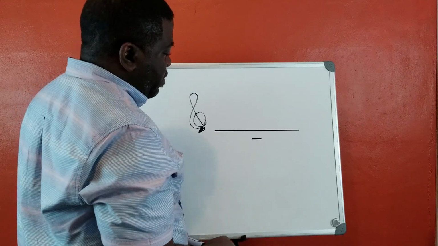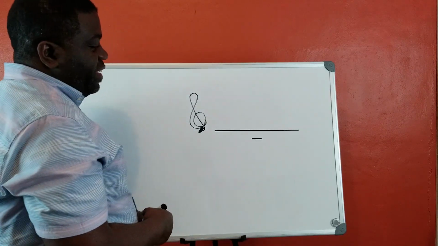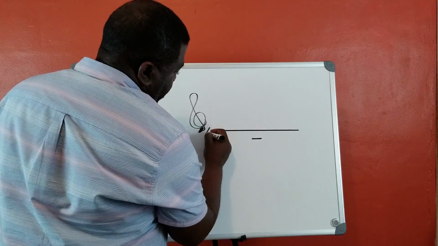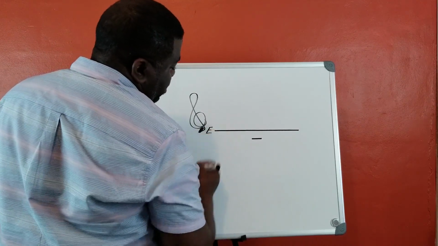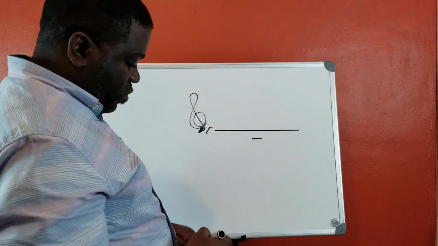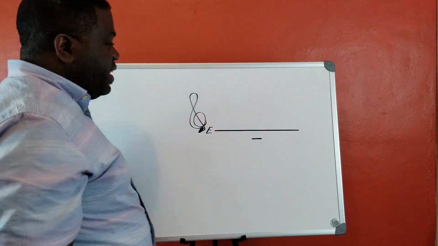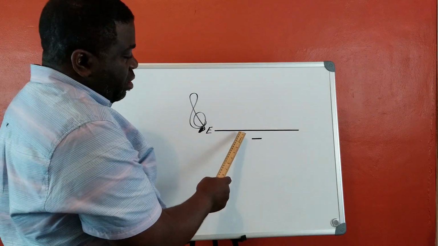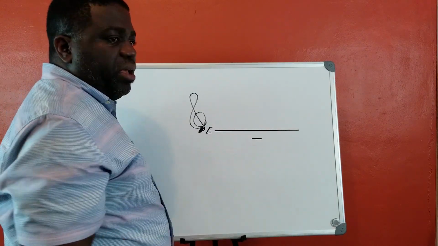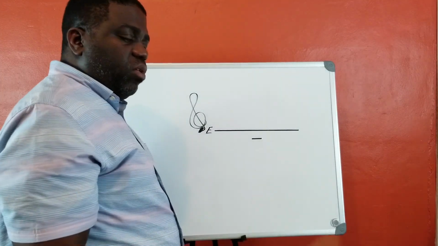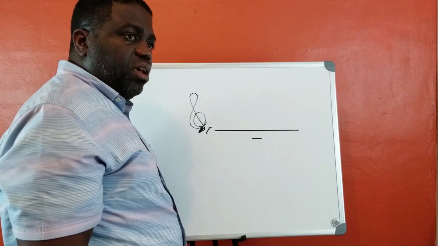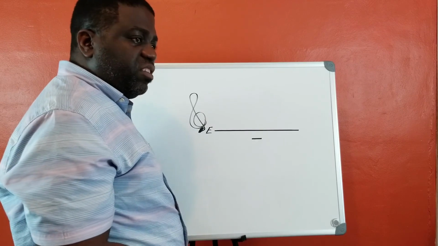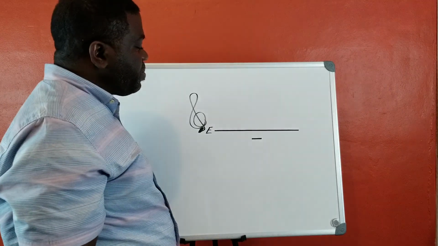It's the bottom line of the staff, and this is actually what it's called: an E. So any note that would land on this line here would be called an E, whether it's a quarter note, a whole note, a half note, dotted half note, an eighth note, 16th note, and so on and so forth.